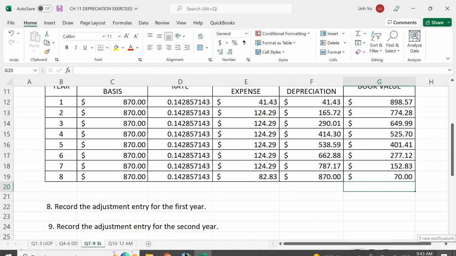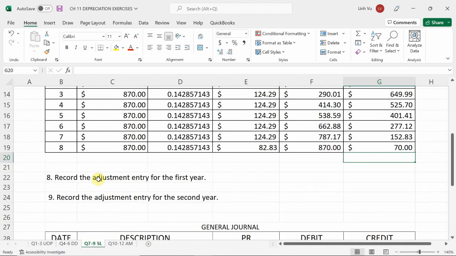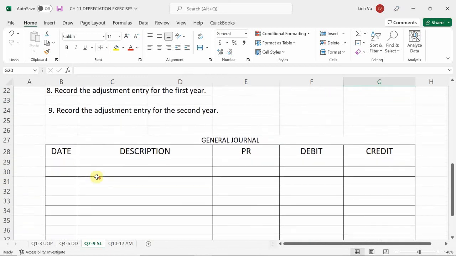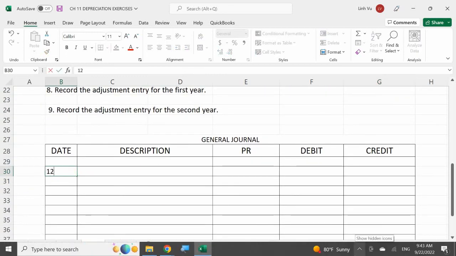Okay. So I want you to journalize the entry for the first 2 years. So how is my journal going to look? Depreciation expense and accumulated depreciation. Good.